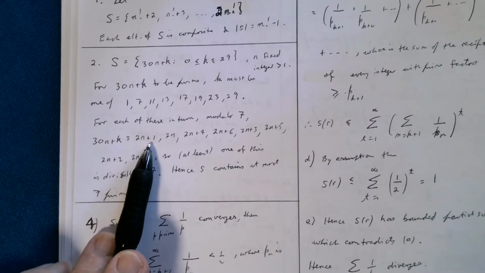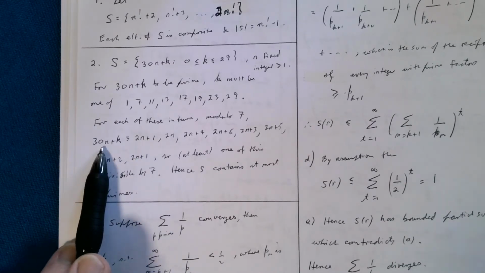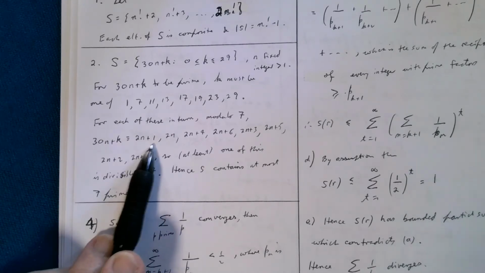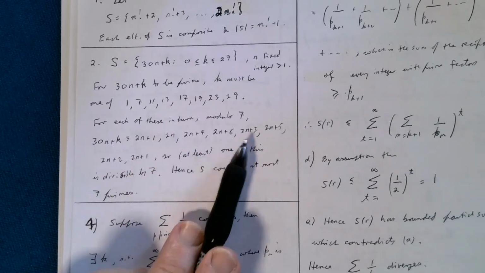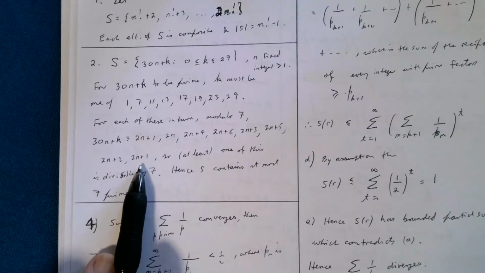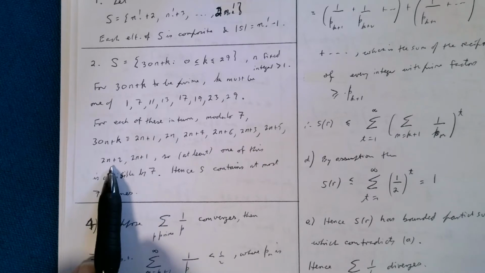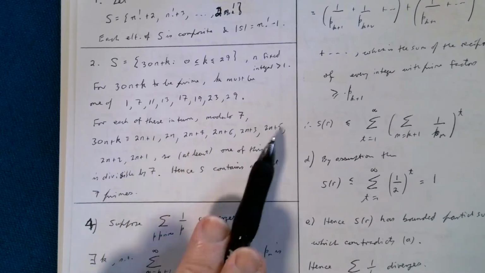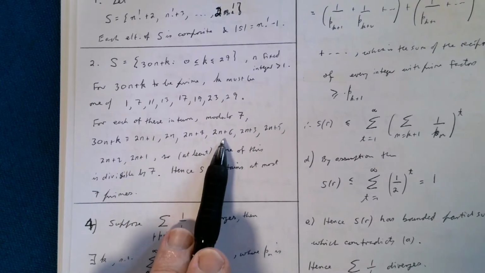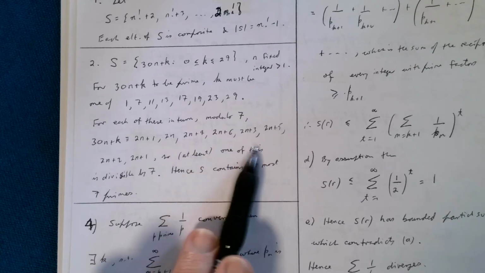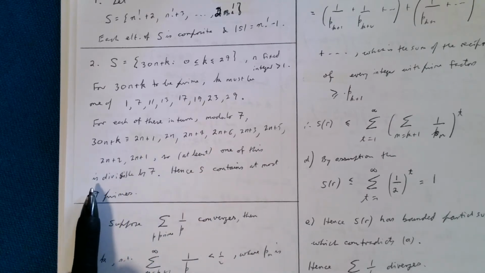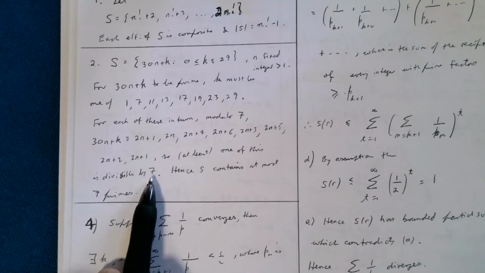So for example, 30n is congruent to 2n, and 1 is 1. Or 2n, 2n plus 4, 2n plus 6, 2n plus 3, 5, 2 and 1. Now there are 7 different numbers in this set, and so modulo 7, at least one of these must be 0 mod 7. In other words, at least one of these numbers must be divisible by 7.